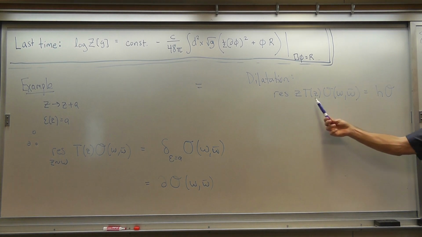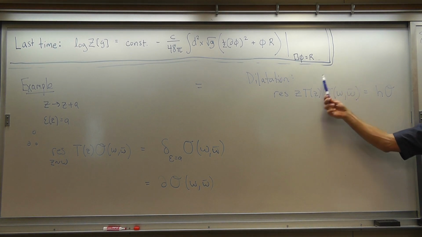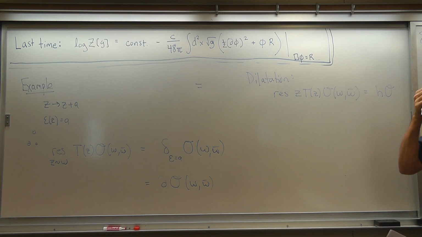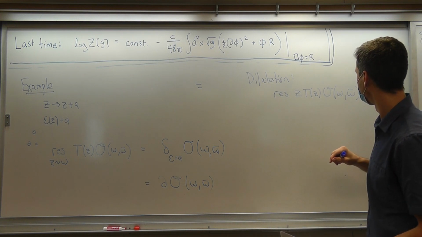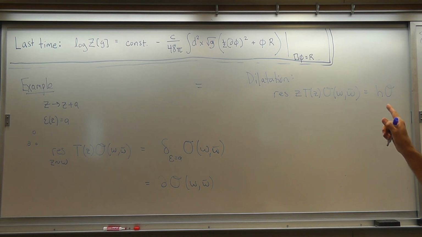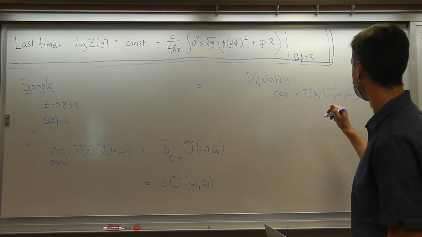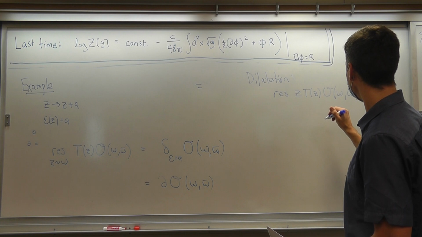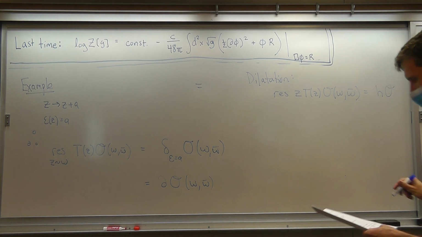This residue is telling you about the term that goes as 1 over z minus w squared. Sorry, I'm confused, that's z minus w squared.